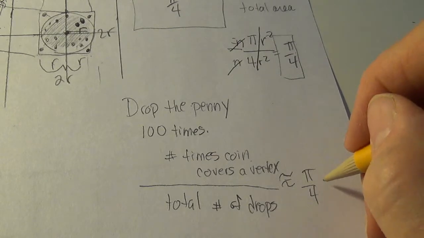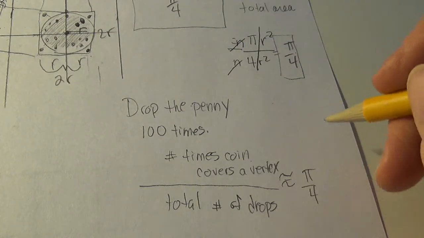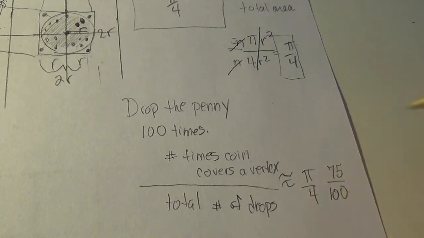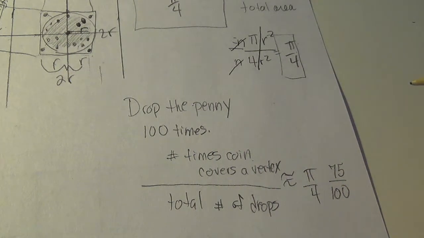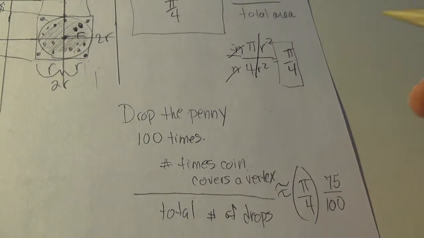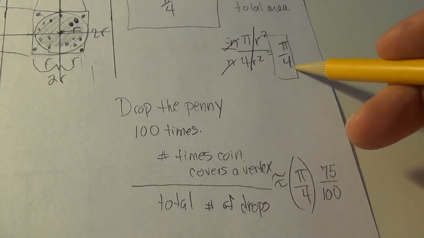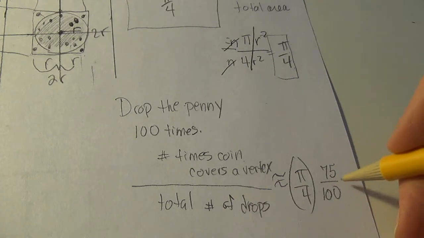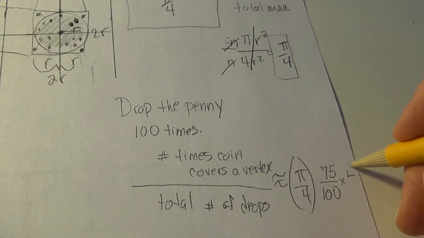Suppose you dropped 100 drops and 75 of them, 75 out of 100, is what you found out. So because that's approximating pi over 4, and the more you do it, the closer it should get to pi over 4, take your number and multiply it by 4.